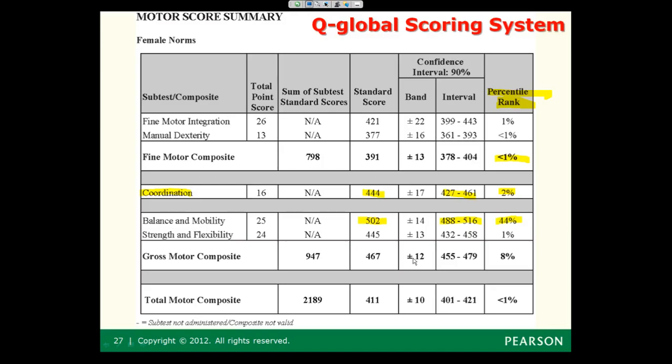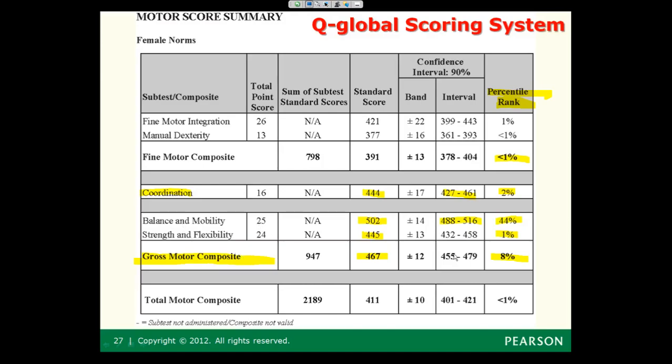For strength and flexibility, we're looking at a standard score of 445. Again, she's having difficulty with a lot of the strength exercises, and that's only corresponding to the first percentile. But we see a gross motor composite here of 467 at the 8th percentile. When I see this, I would less interpret this composite score just because we see a lot of variability between balance and mobility and the strength and flexibility components.